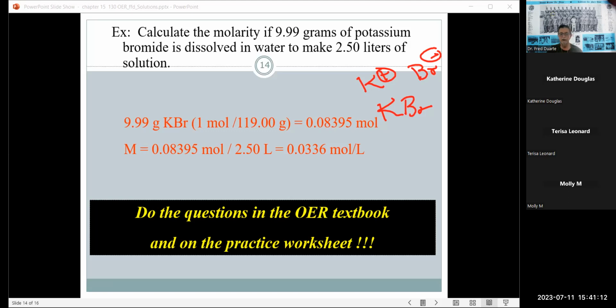All right, so if you take 9.99 grams and divide it by its molar mass of 119, you have 0.08395 moles. Okay, notice nothing was truncated.